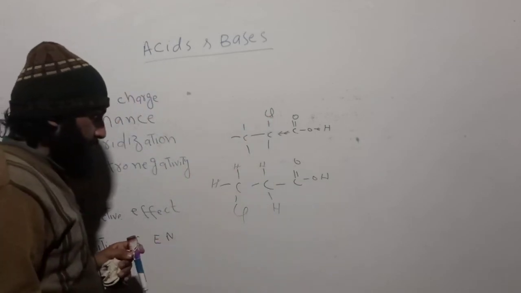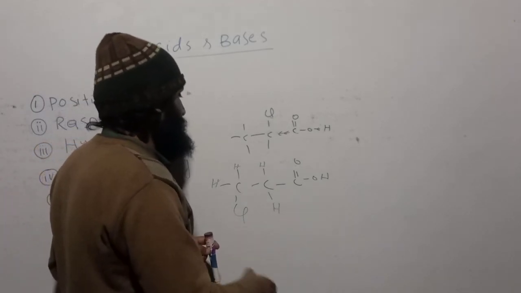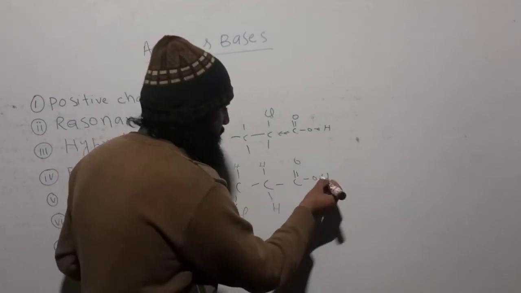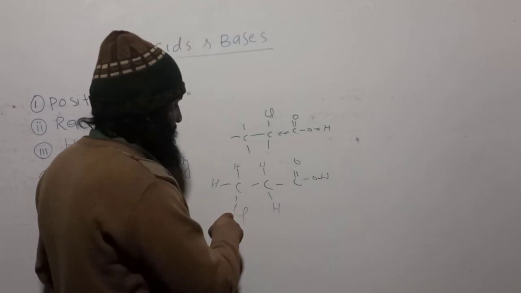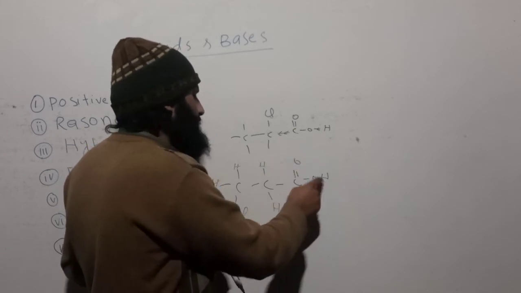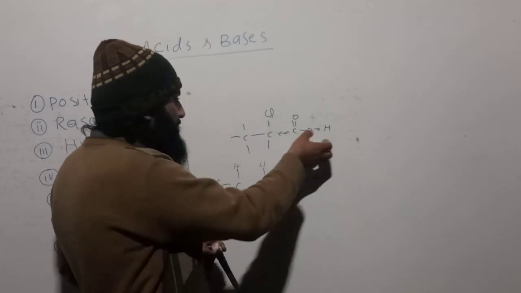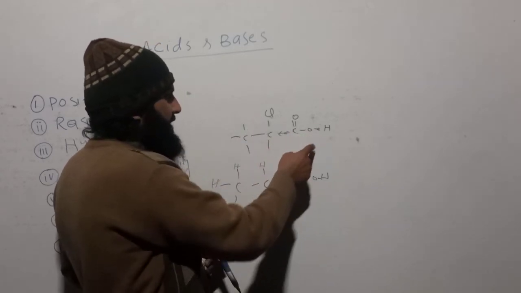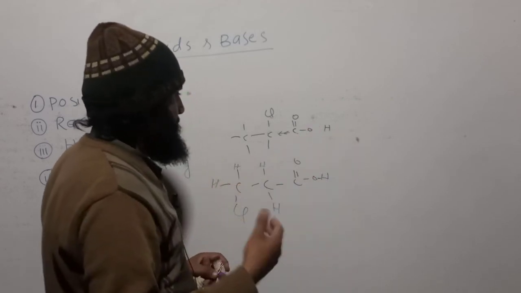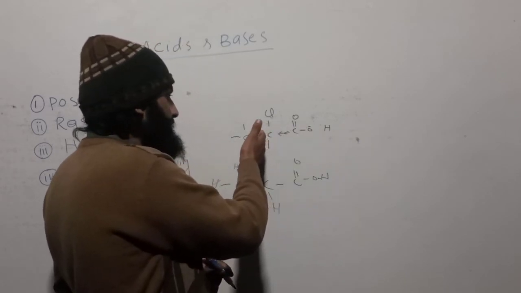So if the electronegative atom is near the functional group which has OH or hydrogen, this electronegative atom will attract electrons from this hydrogen, and as a result the chance of bond breaking increases, because the charge density decreases, because electrons are attracted toward here.